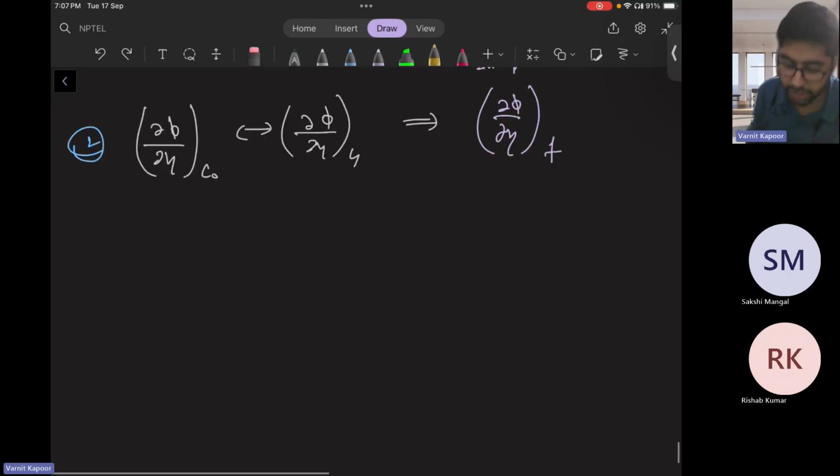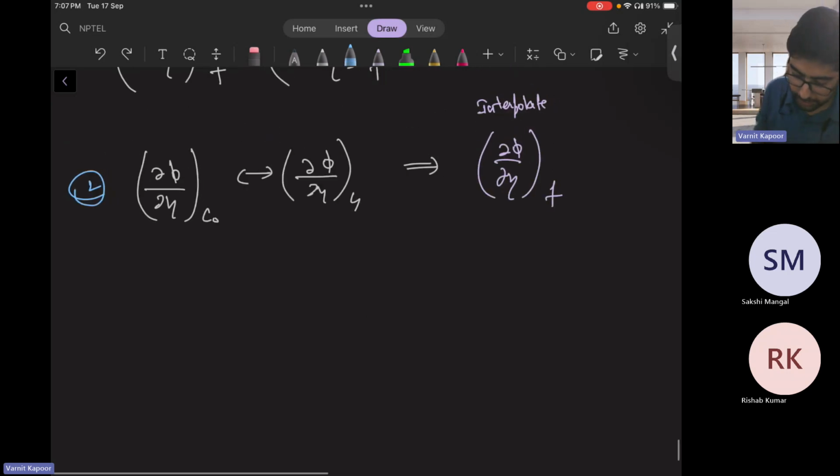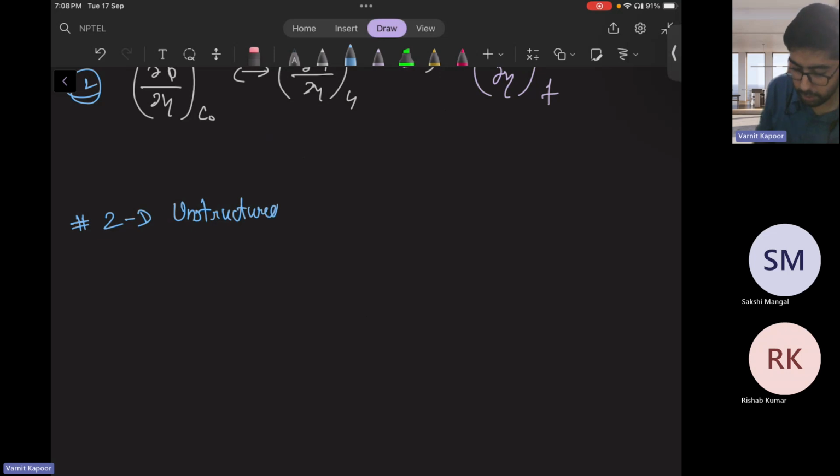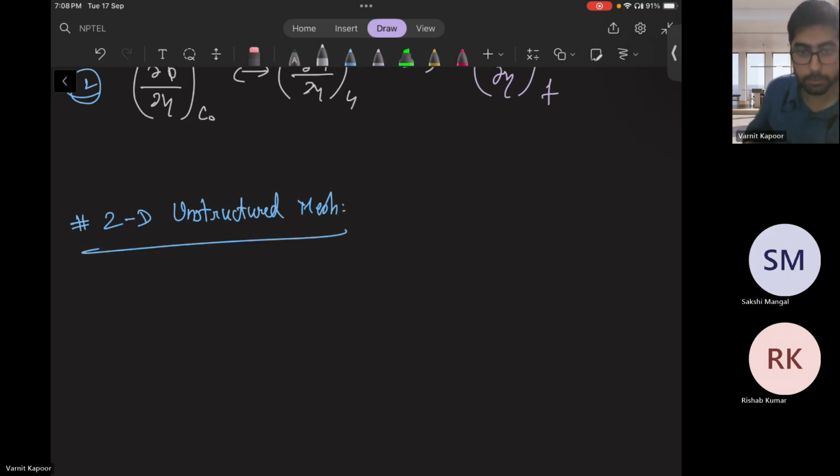Now this was 2D structured mesh. Suppose you have a 2D unstructured mesh. You have 2D structured, 2D unstructured.